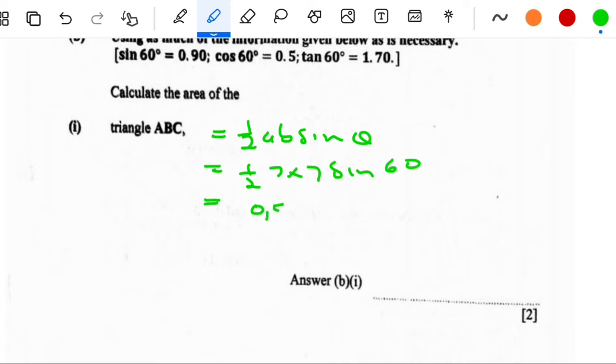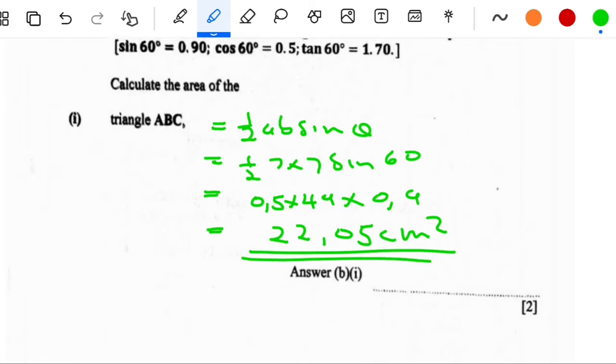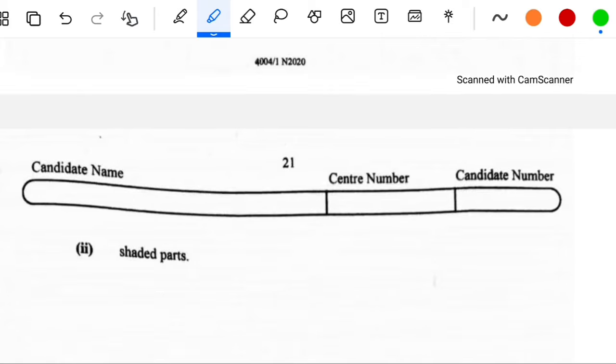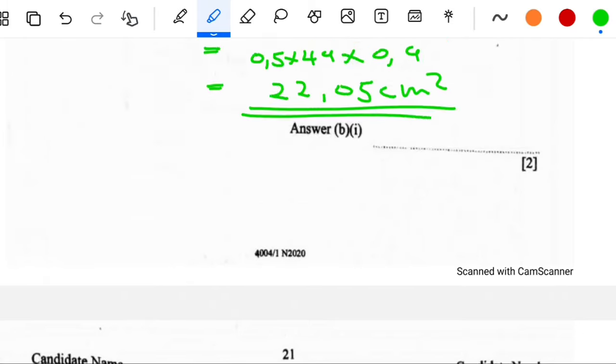So 0.5 times 49 times sine 60, which is 0.9. Okay, then I'm going to do that multiplication, and it's going to give me 21.2 square centimeters.